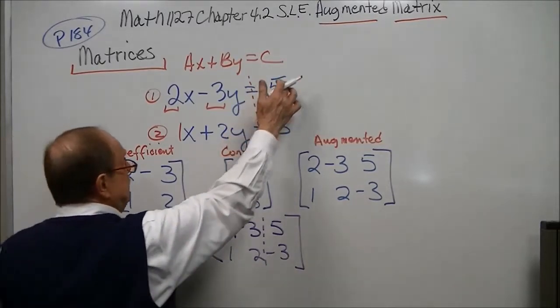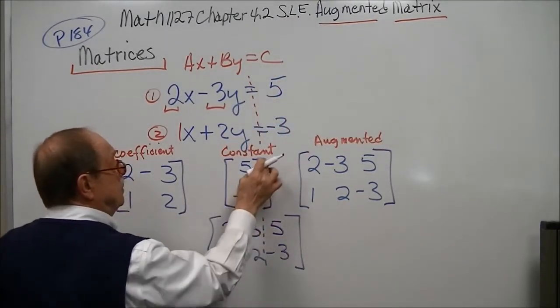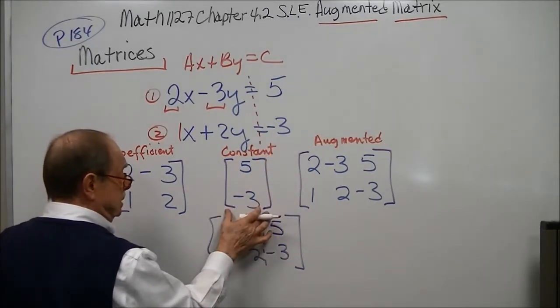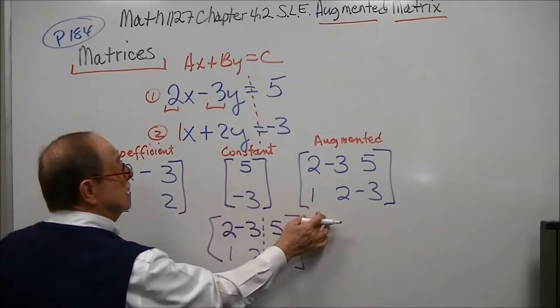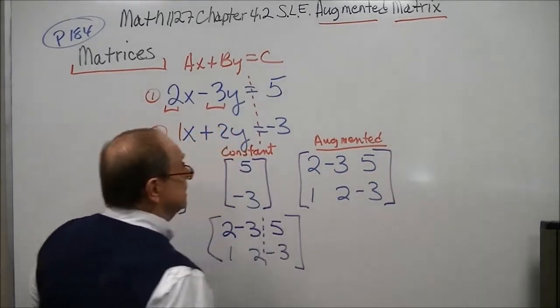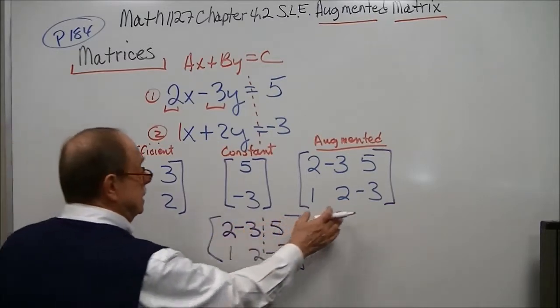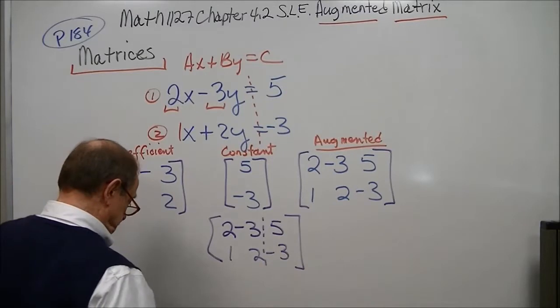Then if we put the 5 and the negative 3, that would be called the constant matrix. Now if you combine the two, there's where you get the augmented matrix. And sometimes you see the augmented matrix illustrated in this particular form.